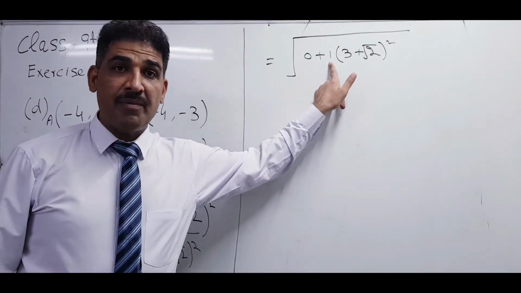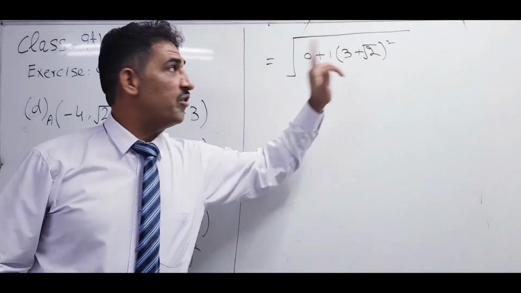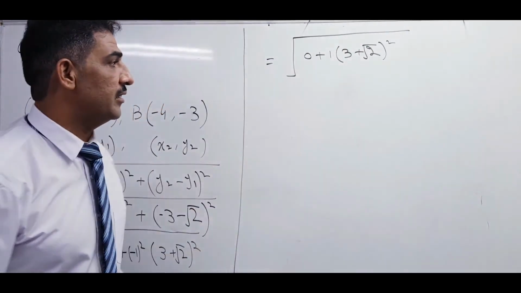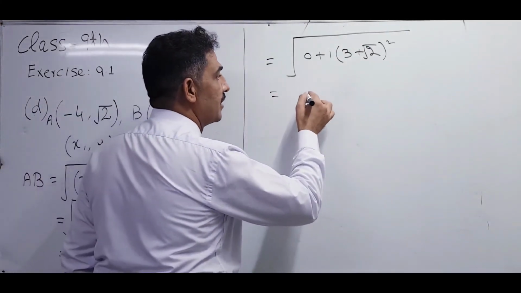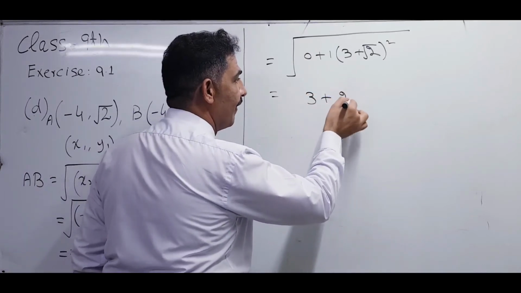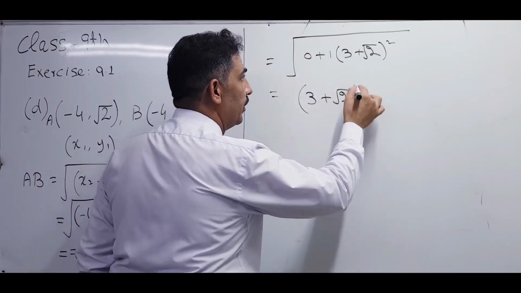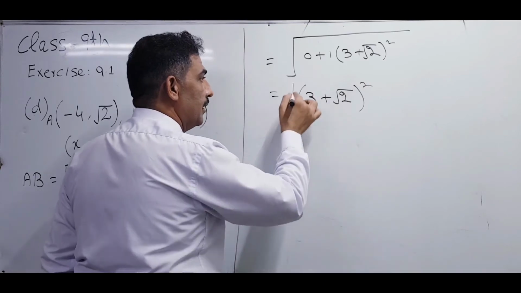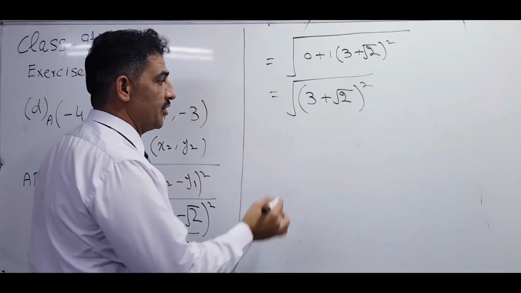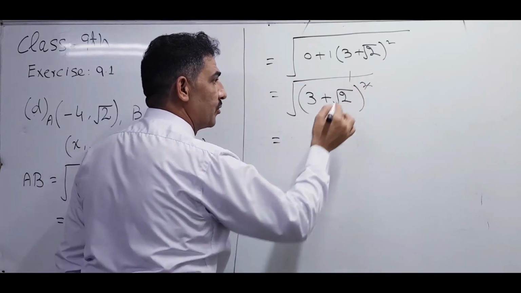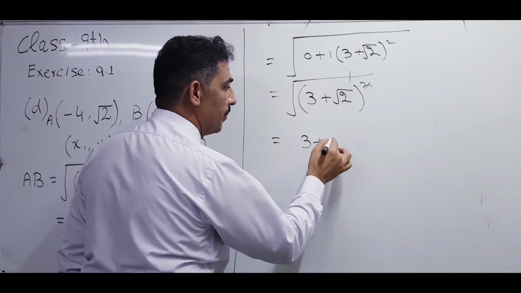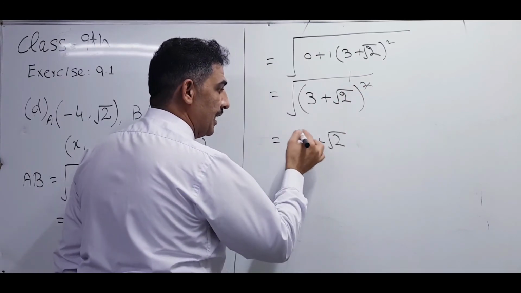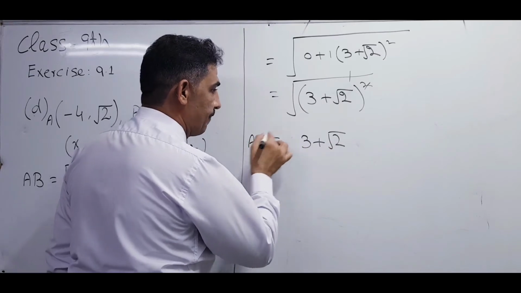When we multiply by 1 there is no change. When we add 0, again no change. So what is the answer? 3 plus root 2 whole square, like that, and square cancels by square root. So 3 plus root 2 is our final answer.